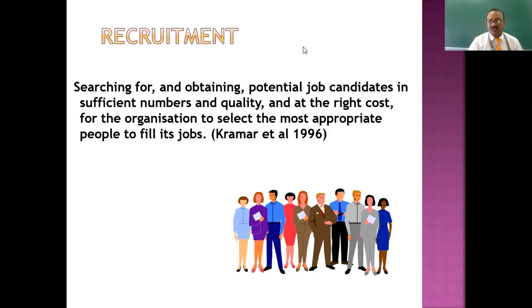Okay. So the objective is to select, at the right cost for the organization, the most appropriate people to fill its jobs. We ultimately want to make sure that we have the right people in the right jobs. So the jobs and the job analysis that we have written, we want a perfect match of candidates. Please remember, in all of this process of recruitment, we have not seen the candidate.